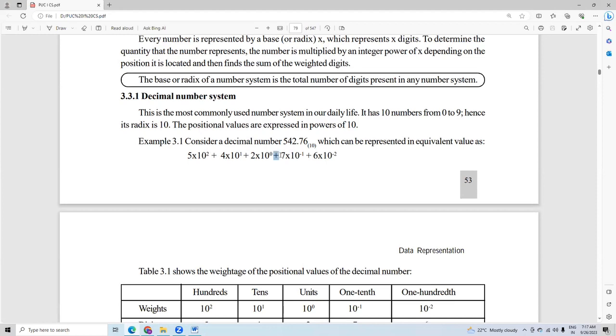Then plus, after the decimal point, what you have to do? From the first digit after the decimal point towards the right, you have to give the powers from -1, because 0 is already given. So 7 into 10 to the power of -1 plus 6 into 10 to the power of -2 and so on.